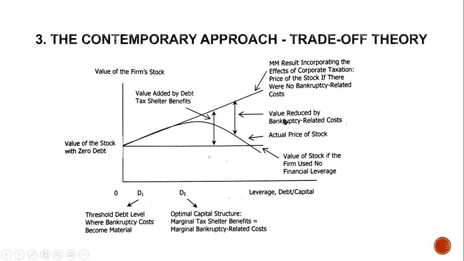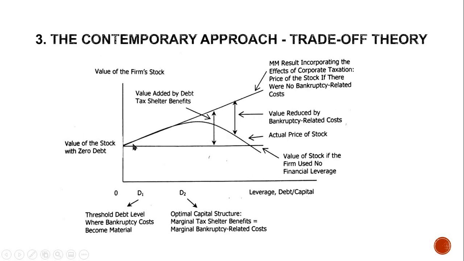Because of those other factors, financial distress and other related costs, the market value declines. If we only considered the corporate income tax, then when you borrow money, the market value of the firm would keep rising. But under the contemporary approach, once the possibility of financial distress and other costs is considered, it decreases.